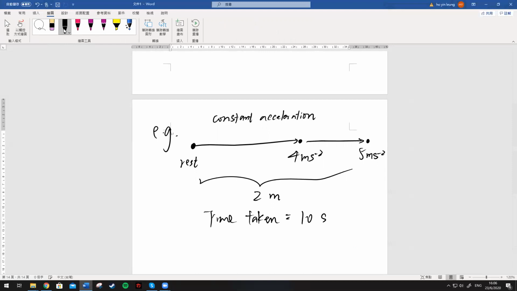So our task is to find the initial distance travelled here.